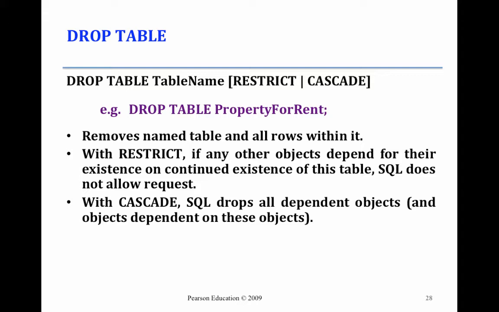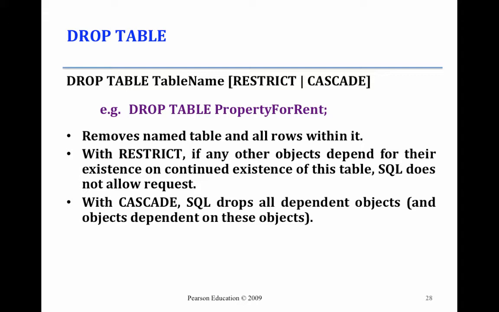So you say restrict if any tables depend on this table. It is referring to foreign keys in part, but it's referring to another type of relation that we'll get to down the road, where you may have, for example, phones for a branch, and the existence of the phones relation depends on the branch relation.